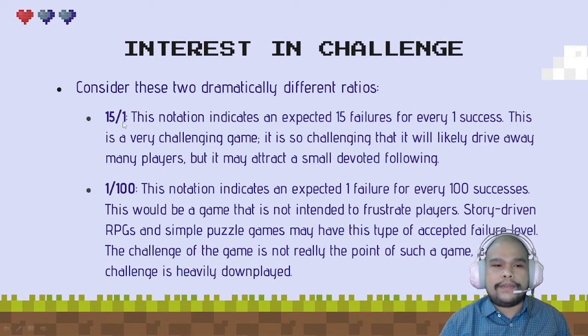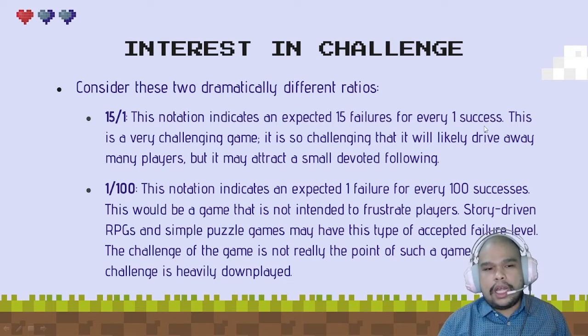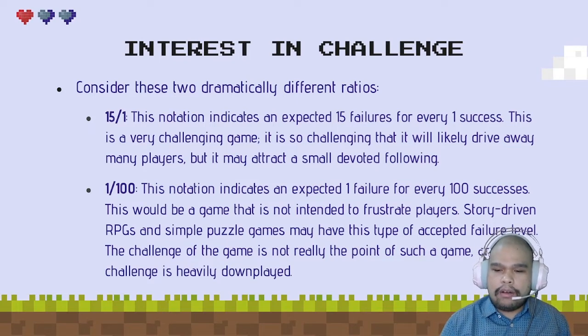So, let's say ito, 15/1. This notation indicates an expected 15 failures for every one success. Okay? So, for every 15 failures, meron kang 1 success. I believe that will be an average. Okay? So, kumbaga, if you'll be asking me, ano ba yan? Is it easy or hard or hell?